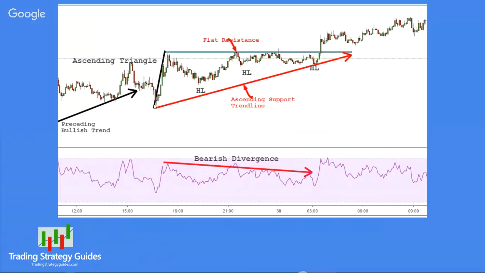Anytime you trade, you want to have multiple indications in the direction that you want to go. And this is a good suggestion: use the RSI. Look for a bearish divergence during the course of this winding. We're looking for it to break to the upside, so we're looking for a divergence on the RSI to confirm this pattern.